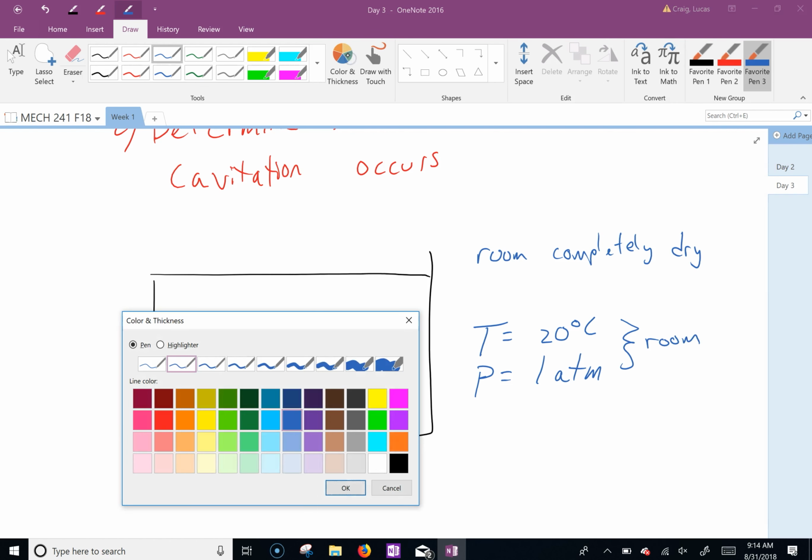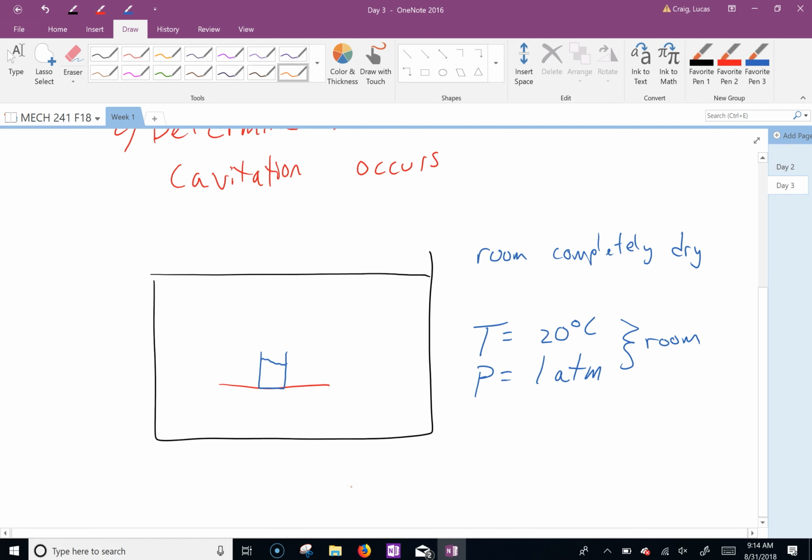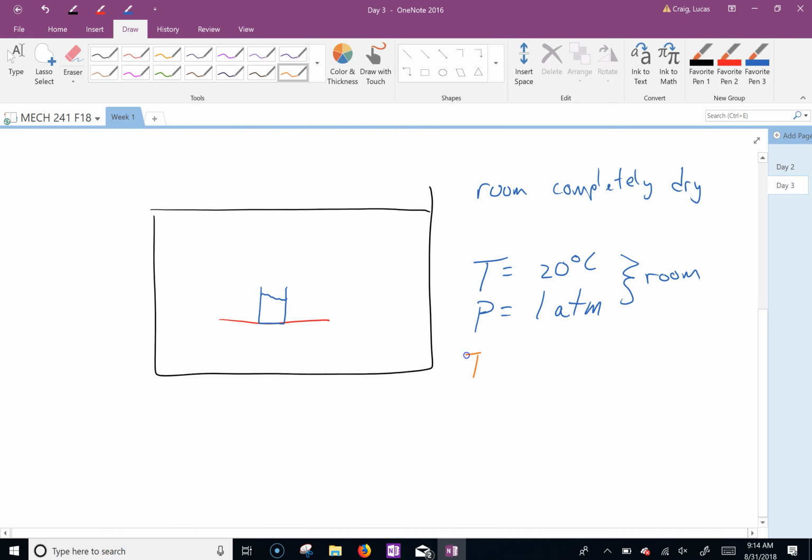And let's say the temperature of the water is 20 degrees C. And the vapor pressure in the room is 2.34 kilopascals.